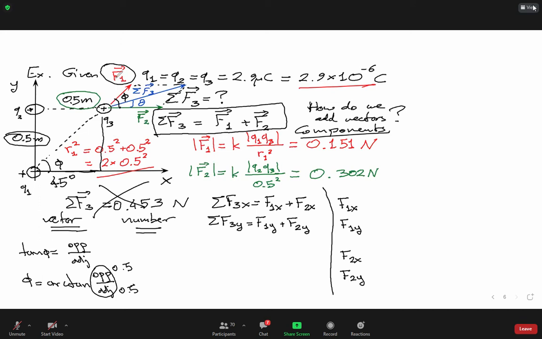And now I can project this vector into the x and y axis. What is the x component? The magnitude times the cosine of the angle phi, which is 45 degrees. I don't need a minus sign here in the front. If I plug this into a calculator, this will give me 0.107 newtons.